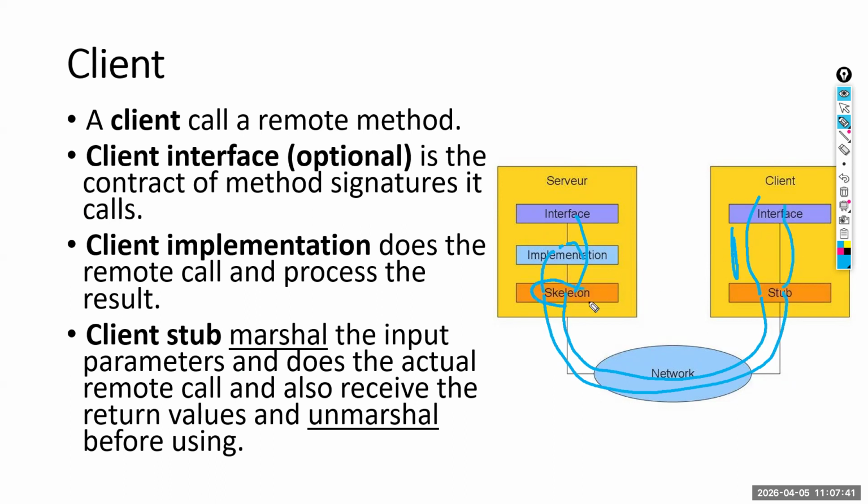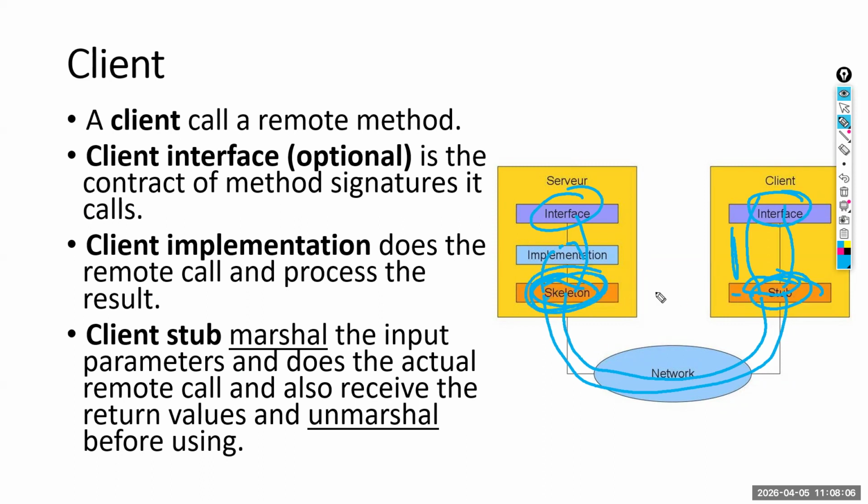Excuse me, sir. Yes. So what is the function of stub and skeleton? I didn't understand. So the stub and skeleton are doing those remote calls. Otherwise the server and client would need to do the remote call. So rather, you do a local call to the client stub, and the client stub does the remote call to the skeleton.